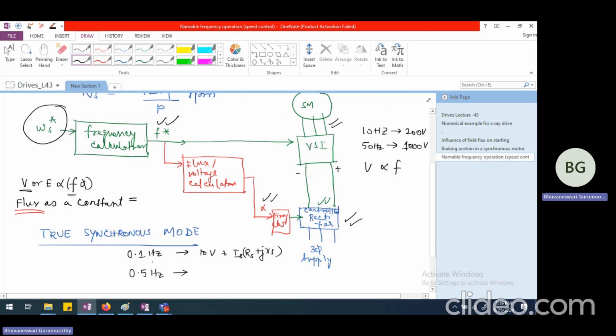At 0.1 hertz, slowly the rotor will catch up with the stator revolving magnetic field. There will be hunting oscillations, and ultimately it will settle down at a speed corresponding to 0.1 hertz.